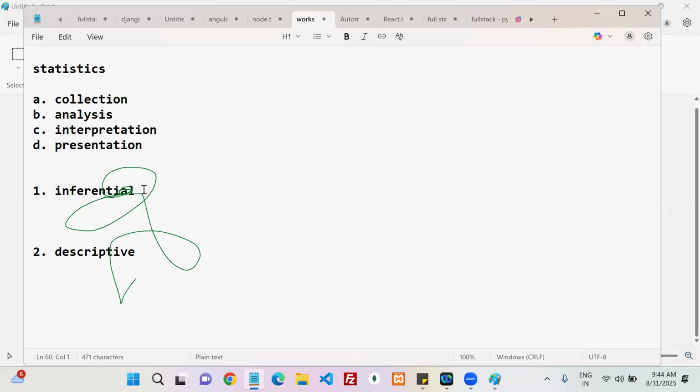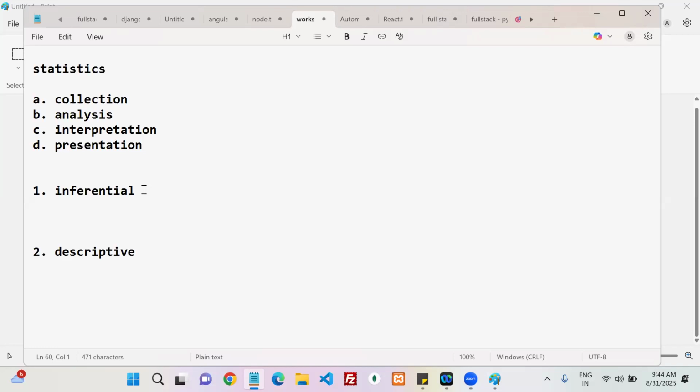Through inferential statistics, they collect a subset of data, some sample data, analyze it, and based on that result conclude for the entire data set. Got my point? This kind of statistics is inferential statistics.